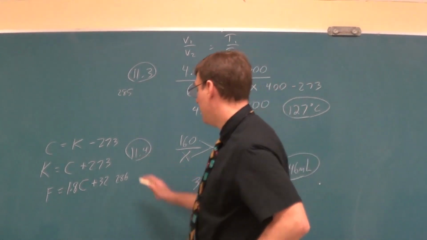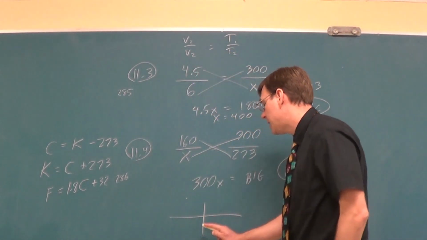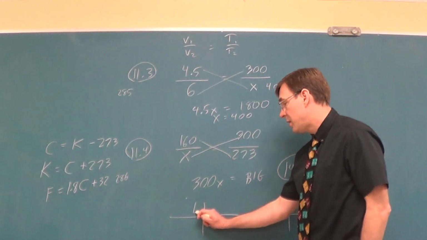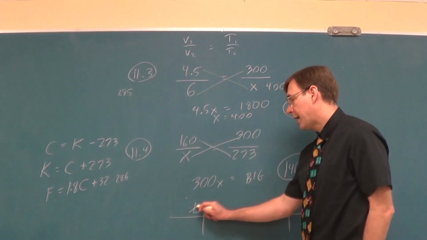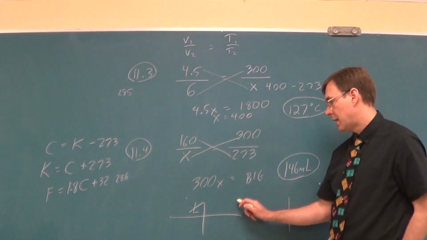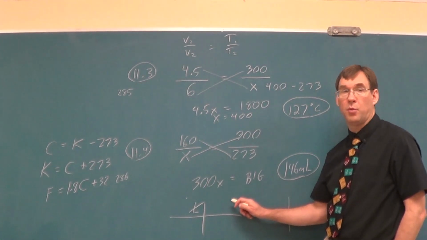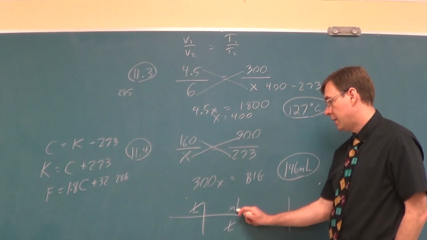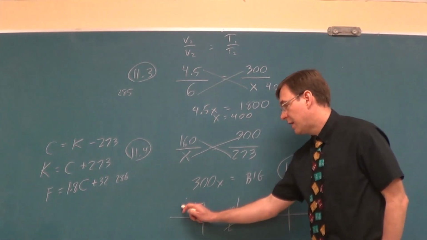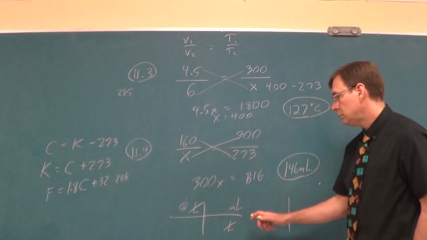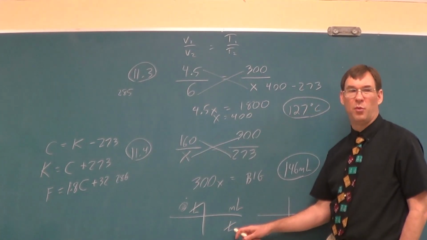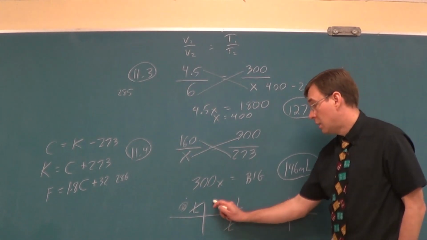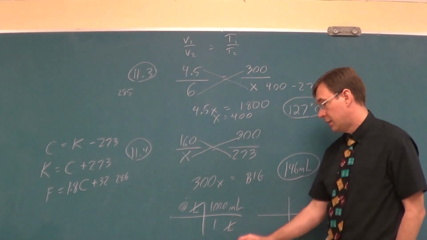So I'll do both ways and you can do whatever you want. If they give me liters, I can do dimensional analysis, I put liters on the bottom and I put milliliters on the top. They'll give us this number. And then how do we set this up? What's the deal with milliliters versus liters? 1,000 milliliters make a liter.